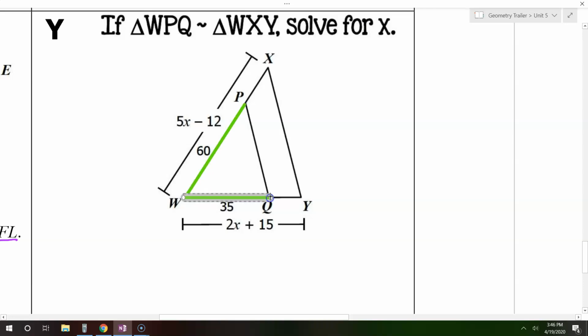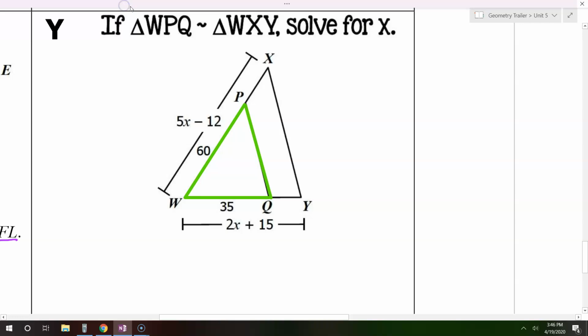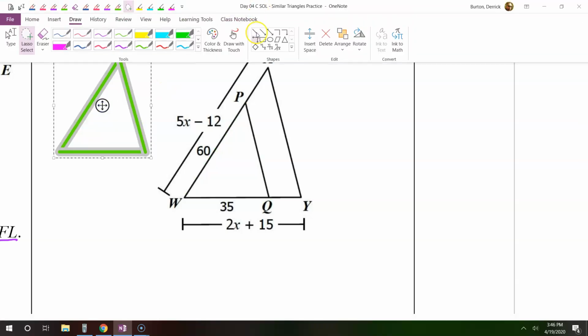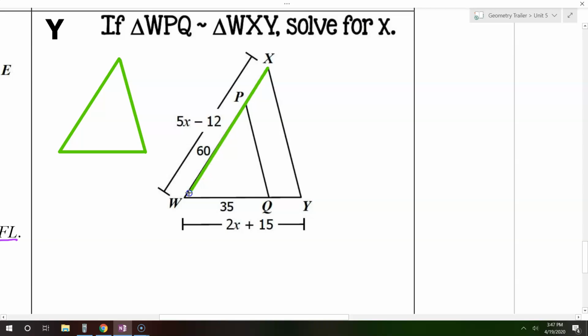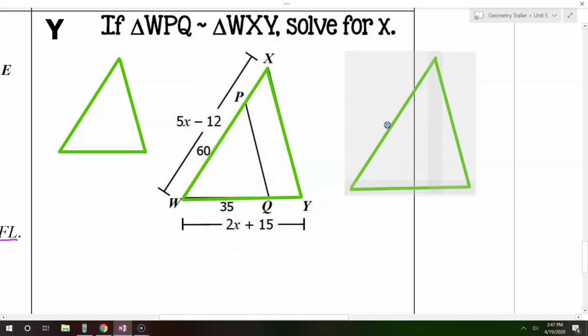All right, so for example, here is the small triangle, and I'm just going to put that off to the side. I think I'll just stick it over here. Now, here is the large triangle. All right, let's put that off to the side over here.